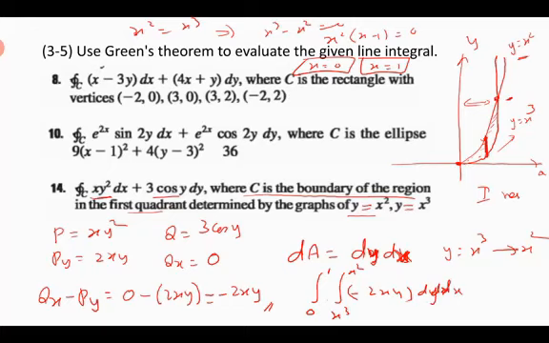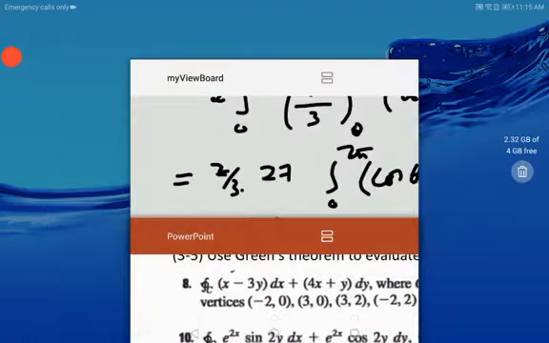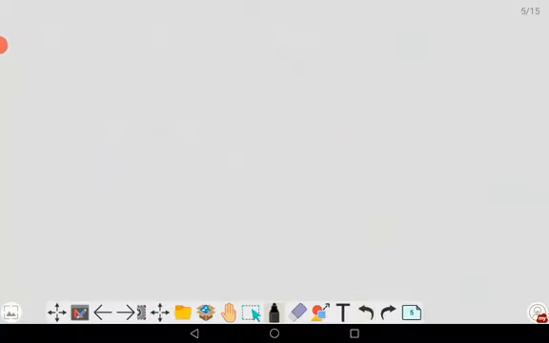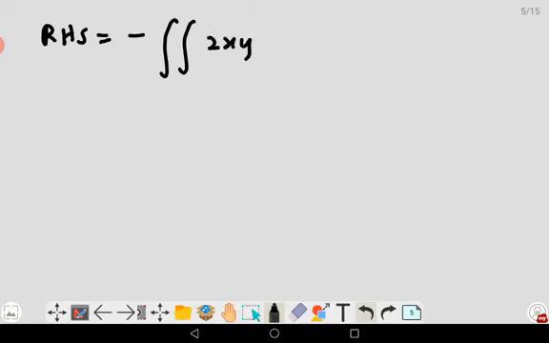Now you can integrate this one, I think. Integrate and substitute the upper limit. Let me do it on the white sheet. Now the right hand side is minus the double integral of 2xy, I have taken the minus from outside, dy dx.